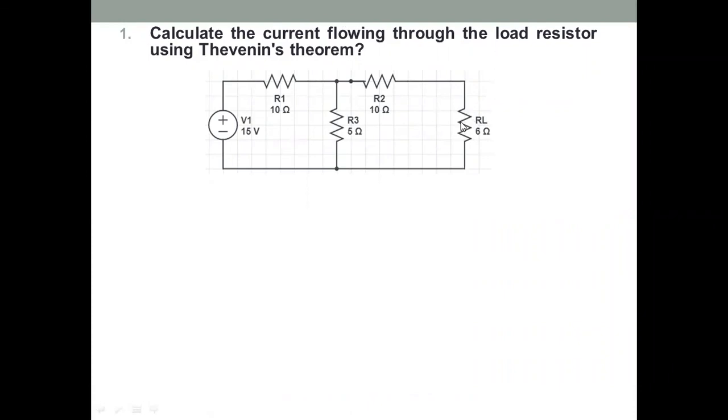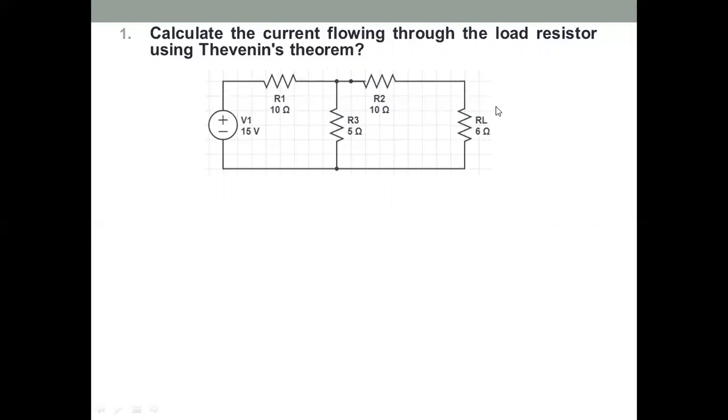If the question simply asks, calculate the current flowing through the 6 ohm resistor, then you need to check for the 6 ohm resistor, and that 6 ohm resistor is going to be your load resistor. Your load resistor may be here, or here, or here. In this example that I have taken, the load resistor is here.